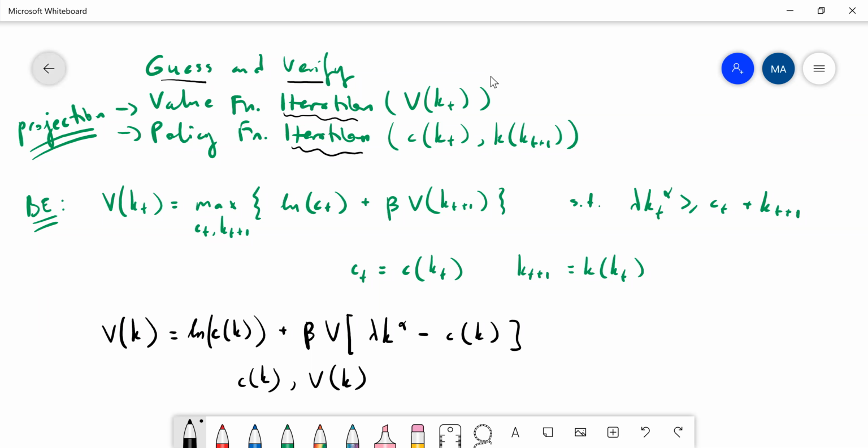Again, these are numerical methods, because most of the time we use them to study more difficult problems. If the problem is very simple, you can always use guess and verify, and sometimes Lagrange would work.